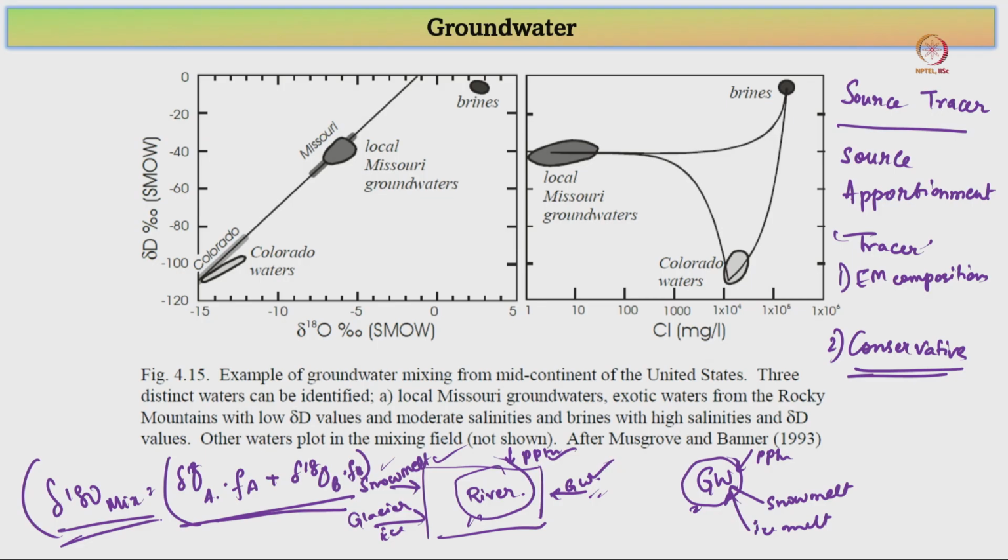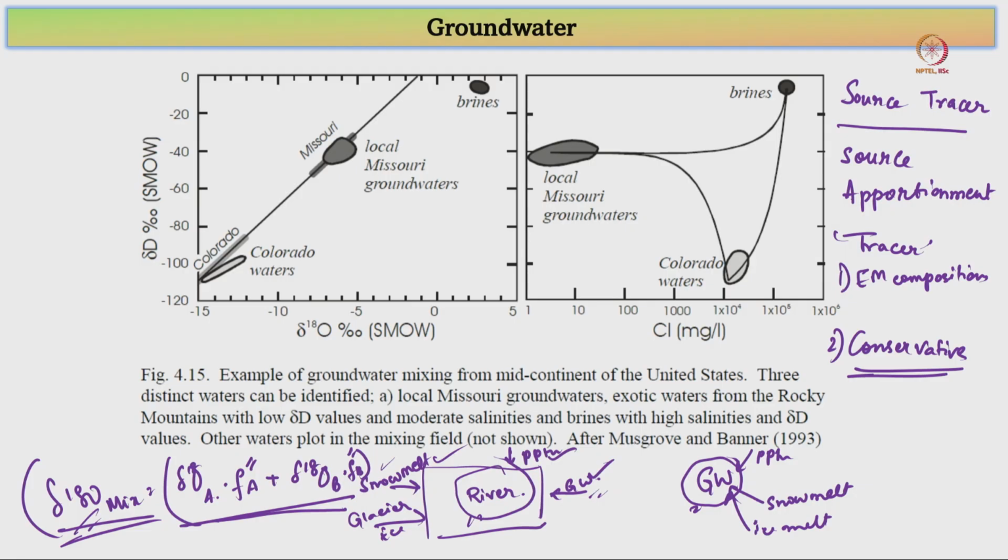No other reactions, no other exchanges are going to contribute to my delta 18O mix values. Only then will I be able to calculate my FA and FB, that is my fractional contributions from source end member A and from source end member B.